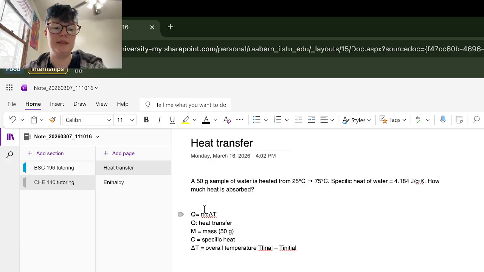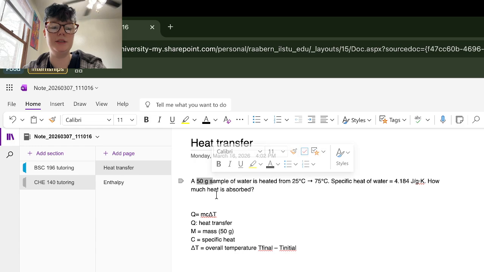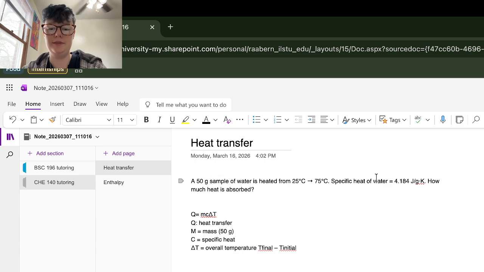So m in this case is this 50 grams. C is given as the specific heat of water, which is here. And then as for delta T, you just have to take the 75 minus the 25, which should equal 50.